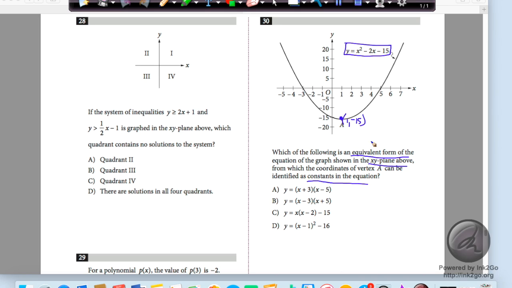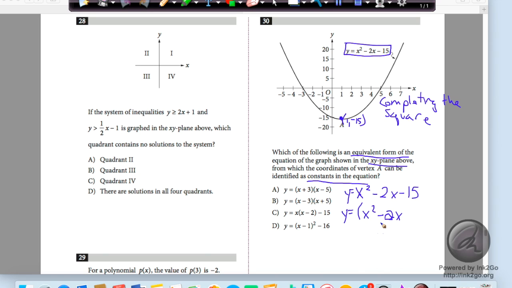Now, in order to do this question, you need to know what is called completing the square. If you were going to set this up, you would have your y equals, and I'm going to take this equation up here. This is going to be y equals x squared minus 2x minus 15. I'm now going to separate this first part so it's y equals x squared minus 2x.